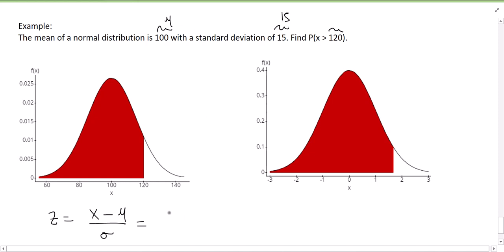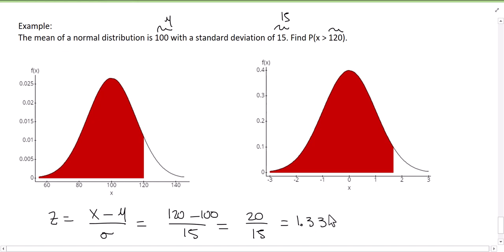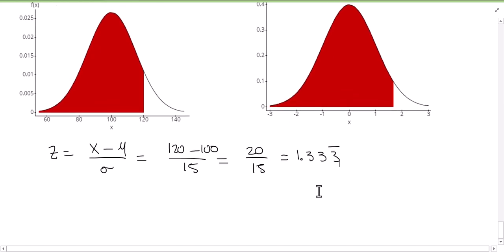So then this will be 120 minus 100 divided by 15. And so 20 over 15, and that reduces to 4/3, but we're going to use the decimal 1.33, and it repeats, right? So 1.333. So on our z-score table, this is what we would look up.